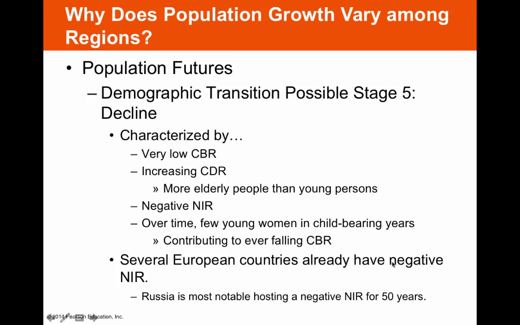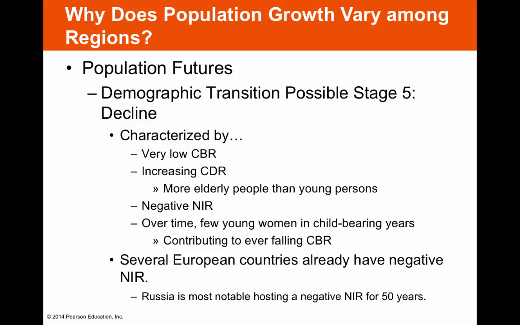Okay, so let's talk about population futures. So the demographic transition model, just like the epidemiological model, has a possible stage 5, and this is decline. It's characterized by a very low CBR, crude birth rate, and an increasing crude death rate. And this would be a time when we have more elderly people than young people. And this would be a negative natural increase rate. And so over time, we're going to have few young women in childbearing years.